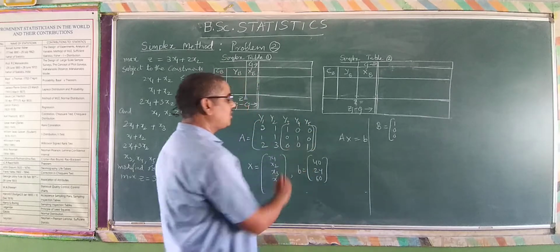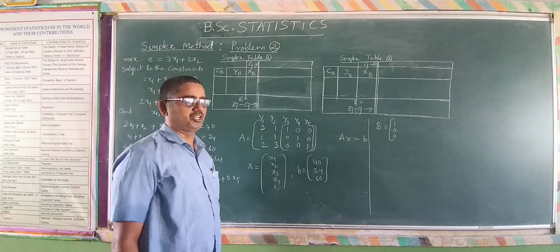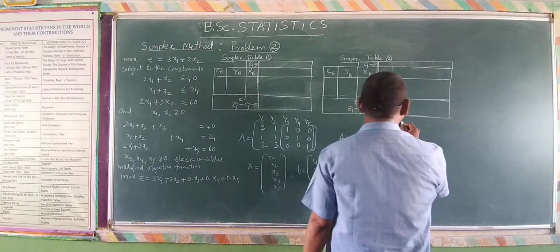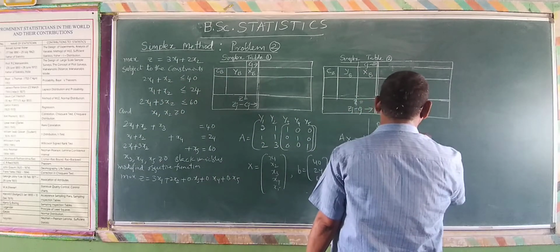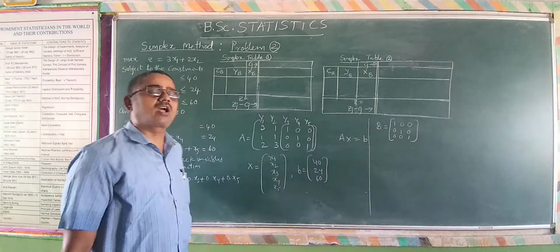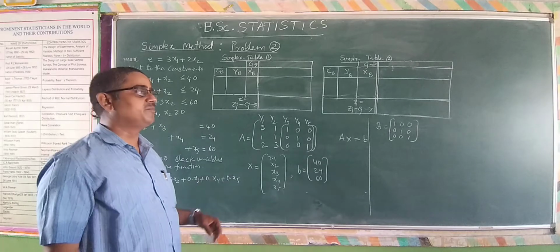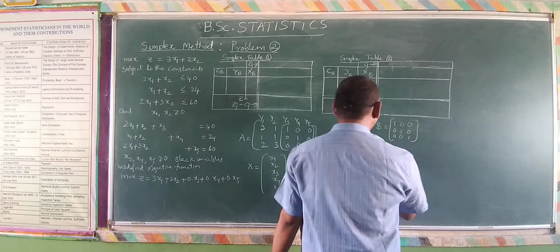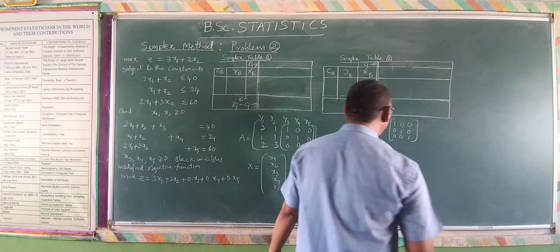So we write 1 0 0, 0 1 0, 0 0 1. Whichever vectors are in the basis, we write as the basis matrix B. Now by using B, we calculate XB, the initial basic feasible solution.